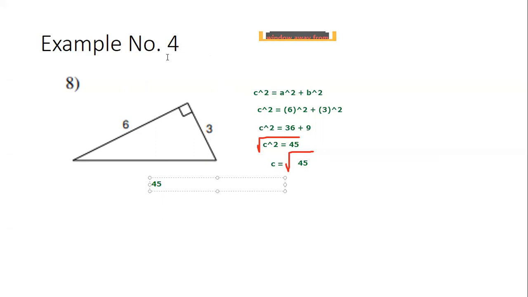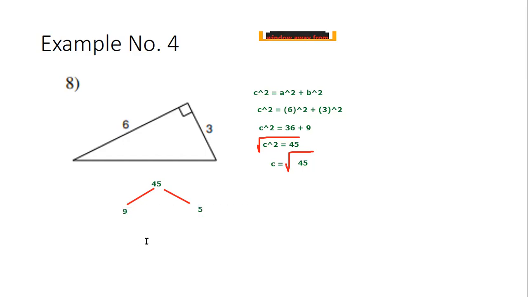In this case, I'm going to find the factors of 45. Let's say I divide 45 by 5. What's the missing factor? 45 divided by 5 is 9.